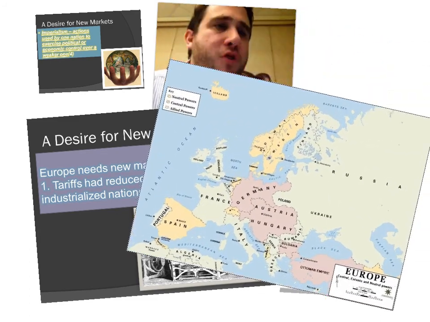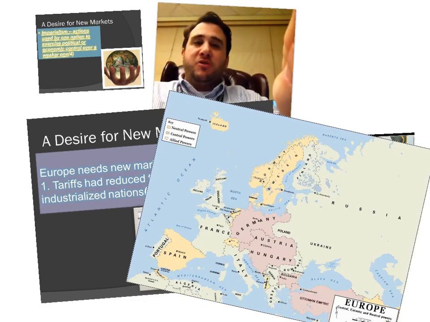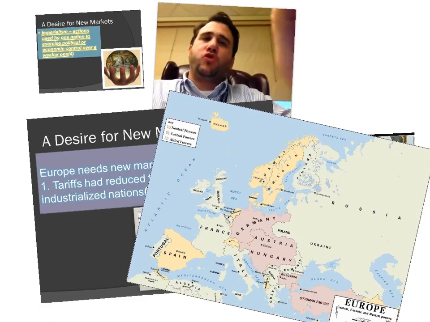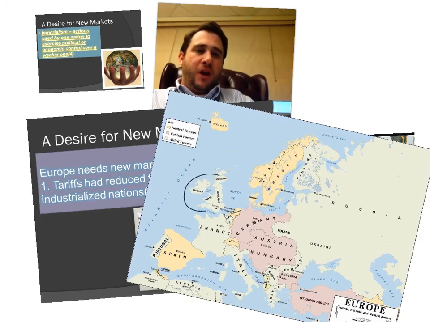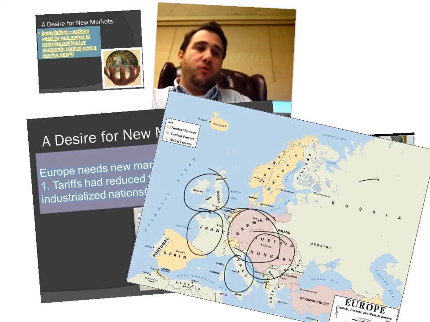Here are the nations of Europe, and these nations have set up different tariffs around their countries. So here you have Britain. I just circled Britain for you. You've got France, you've got Germany, you've got Austria-Hungary, you've got Italy, Russia.